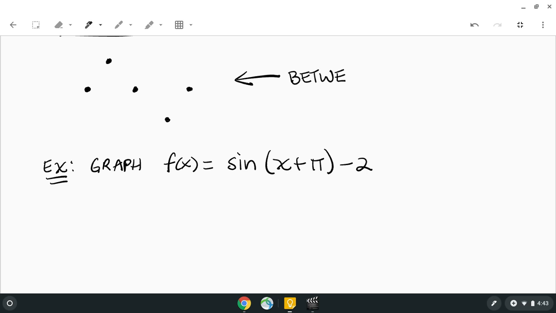So let's go ahead and graph, let's use f of x. f of x equals sine of x plus pi, minus 2. Remember, we get this graph, one full cycle between 0 and 2 pi.